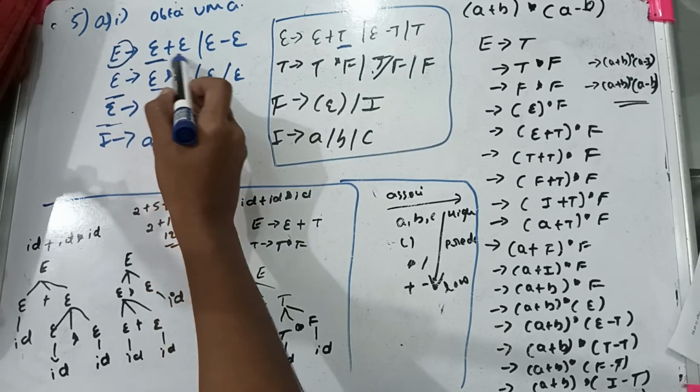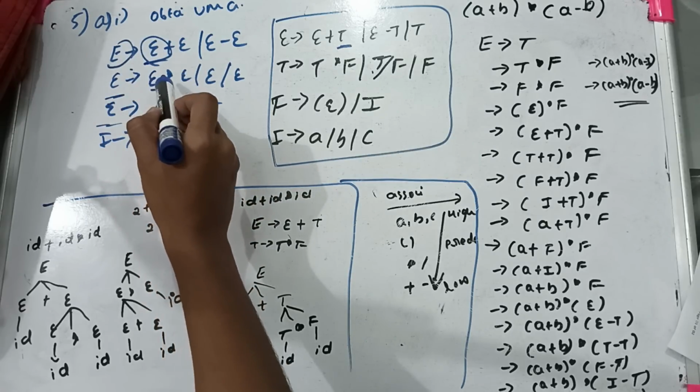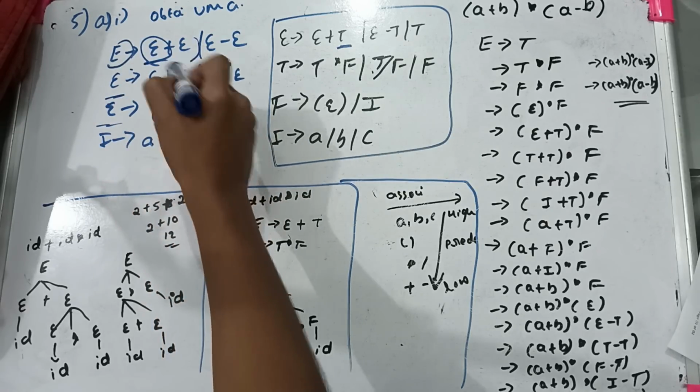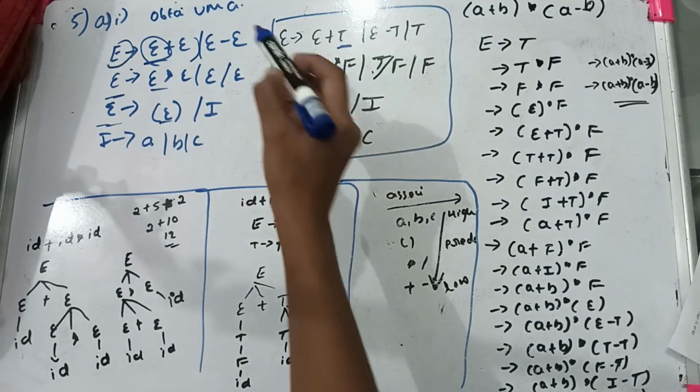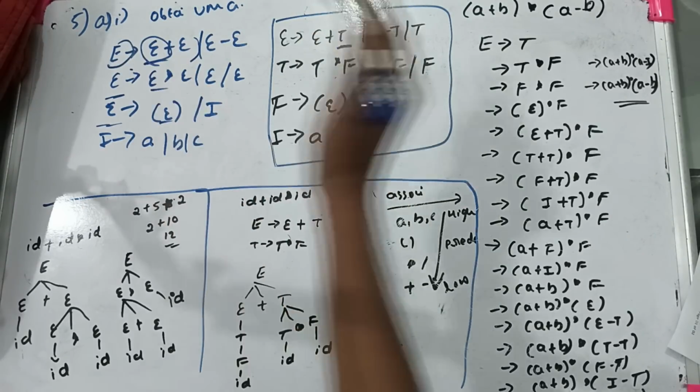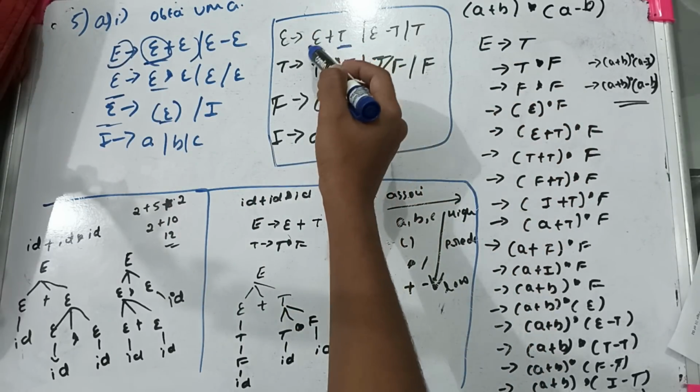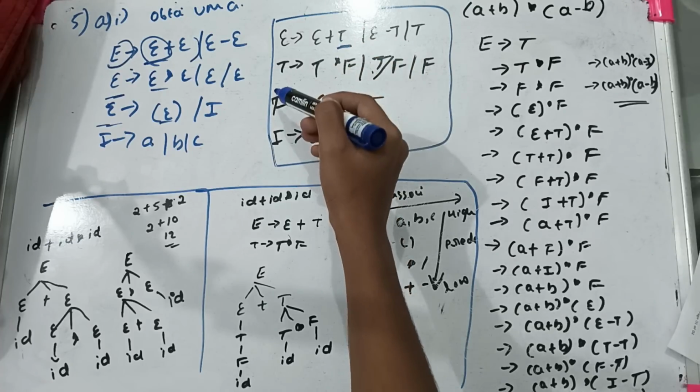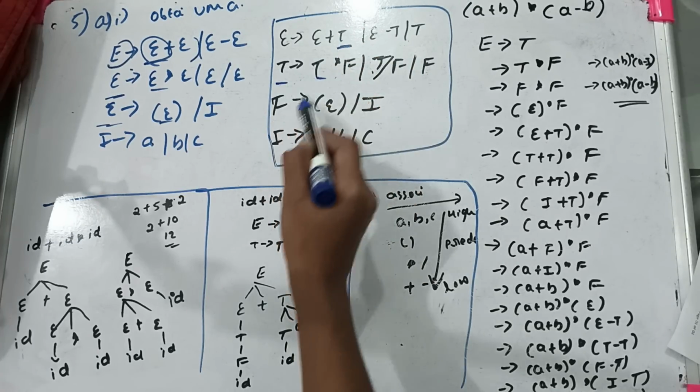Here E gives E on the left side and also E on the right side, right? We need to follow plus and minus in such a way that it moves left to right. So I am introducing T to follow the associative rule properly.